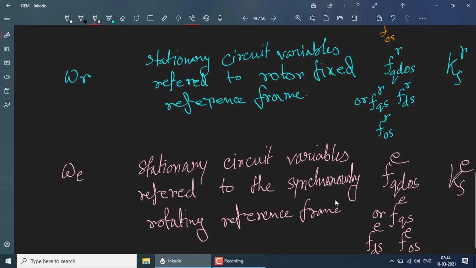This raised index, r or here e, denotes the qs and ds of the arbitrary reference frame, which carries no raised index.